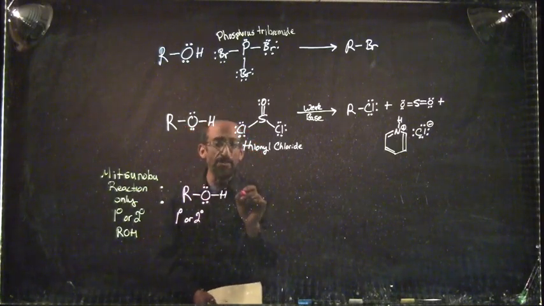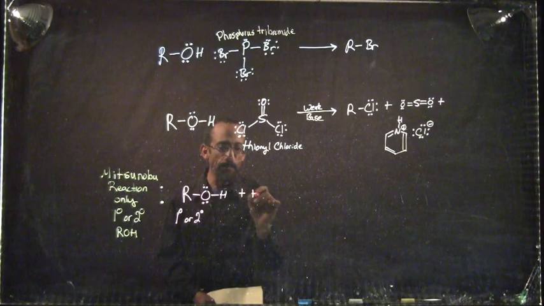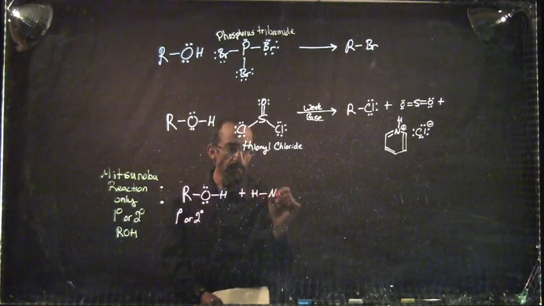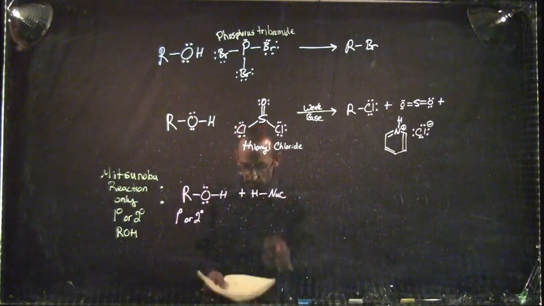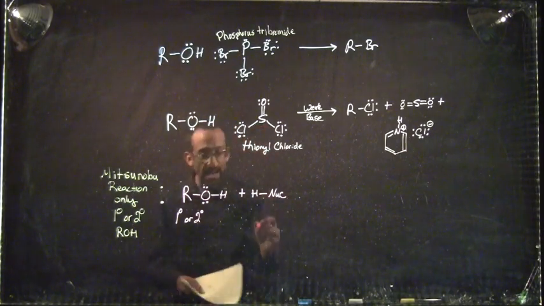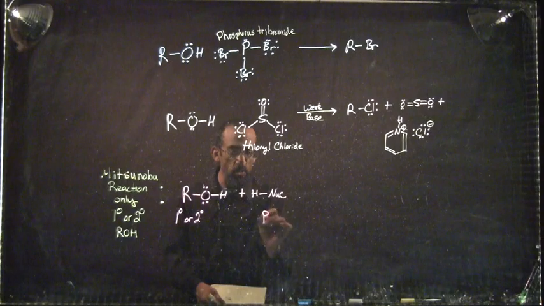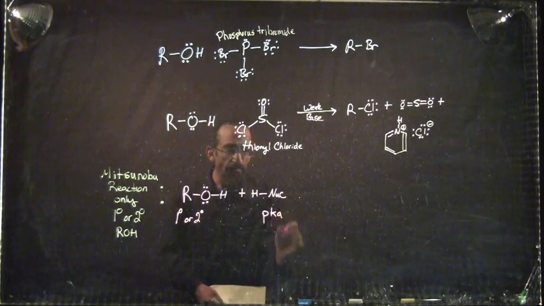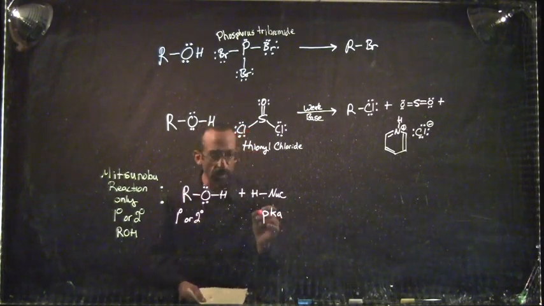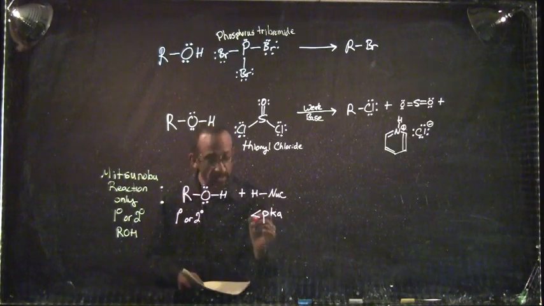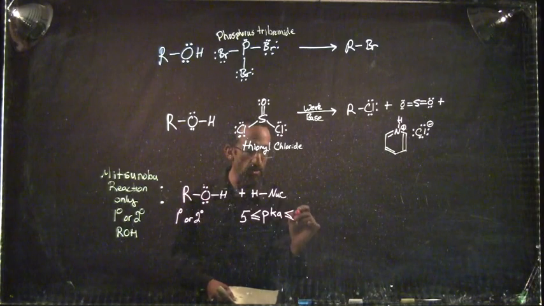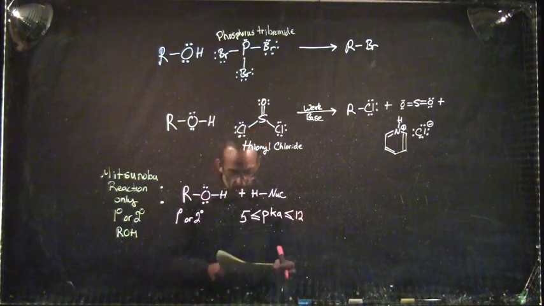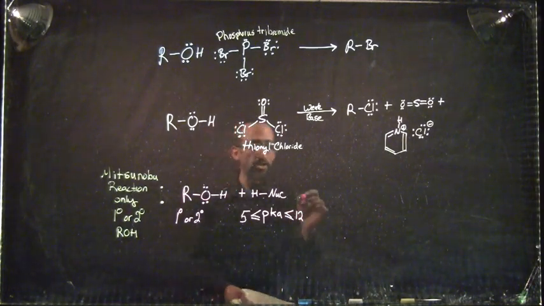We're going to have some sort of an acidic nucleophile. The pKa of this hydrogen needs to be somewhere between 5 and 12, so greater than or equal to 5, less than or equal to 12.